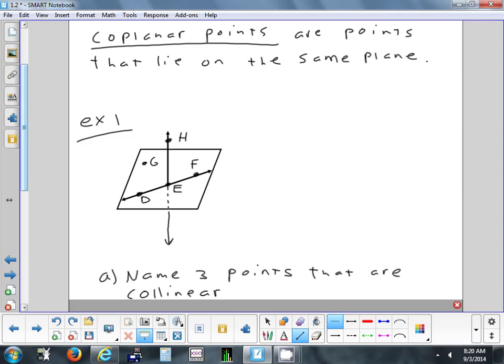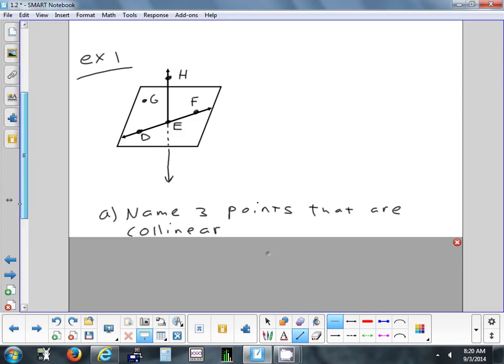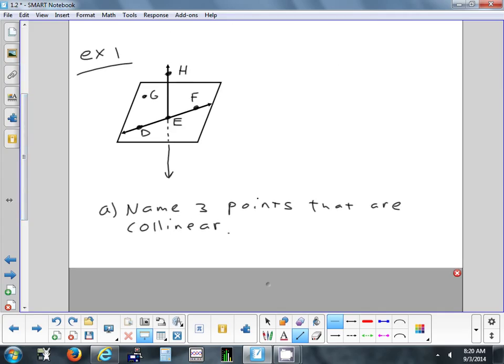Okay, first thing I want to do is name 3 points that are collinear. There might be more than one answer. There might only be one answer. We'll see. But can anybody name 3 points that are collinear? Here?